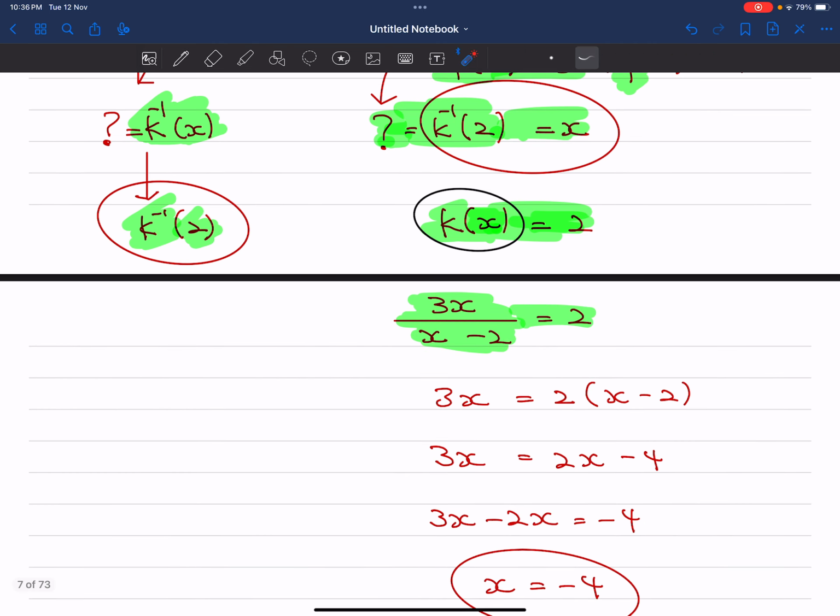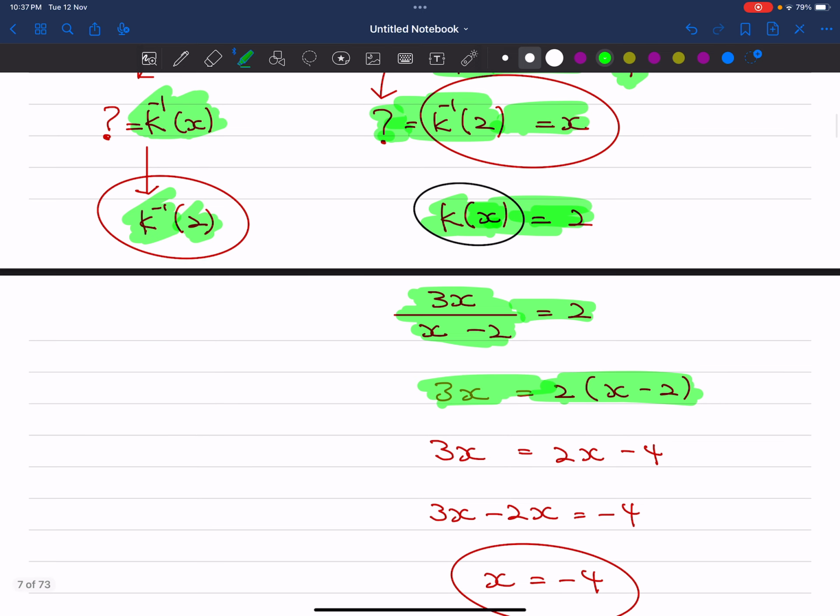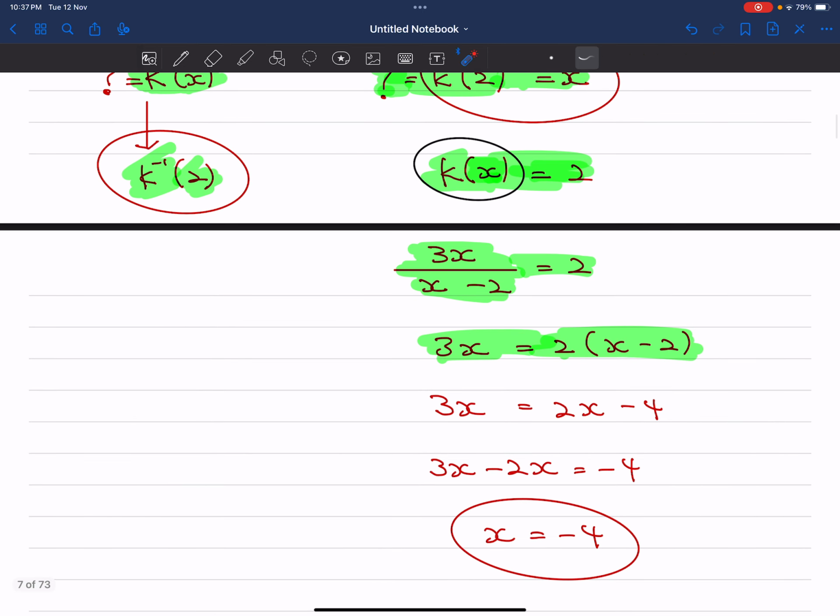And then the x minus 2, I transfer to the other side. Make sure we put the brackets for the x minus 2. Left hand side is still 3x. I'm going to expand the right hand side. 2 times x is 2x. 2 times minus 2 is minus 4. So the right hand side has 2x minus 4.